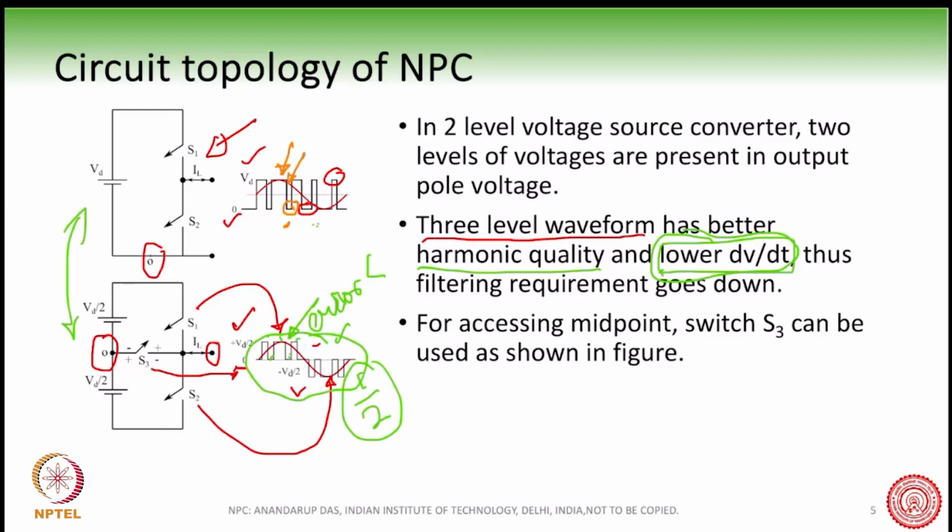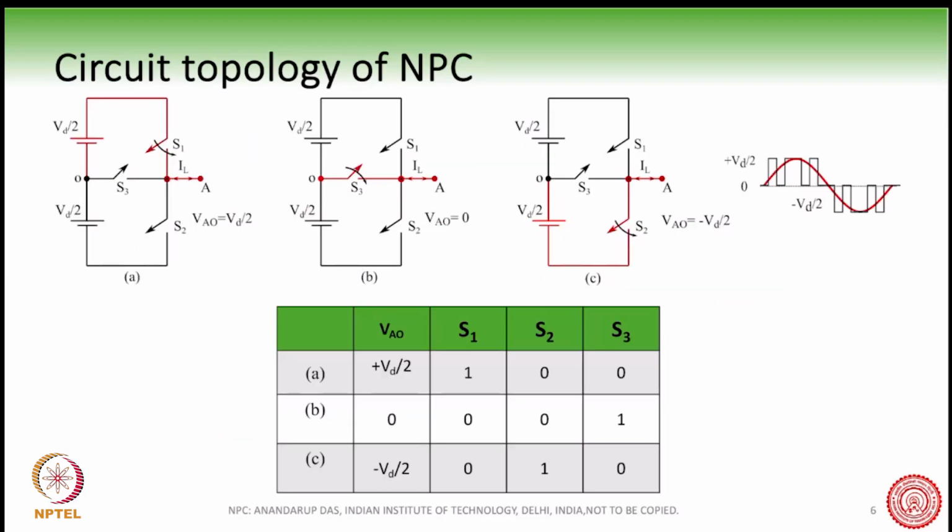From the harmonic point of view, the filter design point of view, or the dVdt point of view, this waveform is a three-level waveform, and a three-level neutral point clamp converter can produce this type of a waveform. So as we have seen here, here is the more detailed analysis. If you turn on S1, then you get Vd by 2 at VAO voltage.